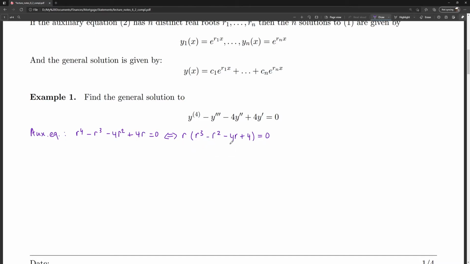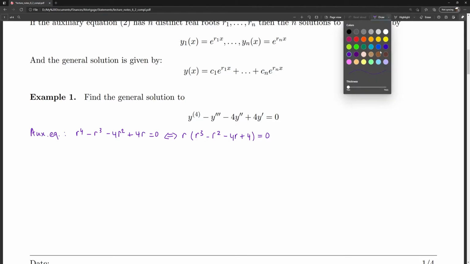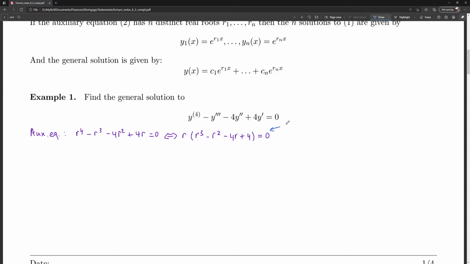So now we've got to factor this cubic polynomial, and there is a general formula, a cubic formula, but it's not very practical. So the question is, how does this factor?